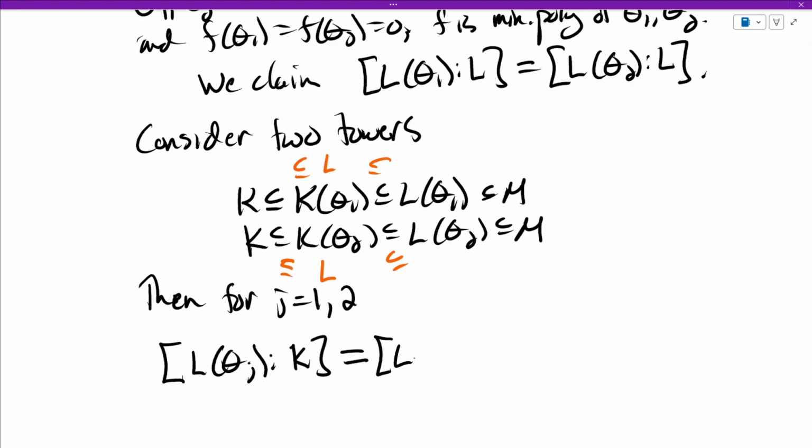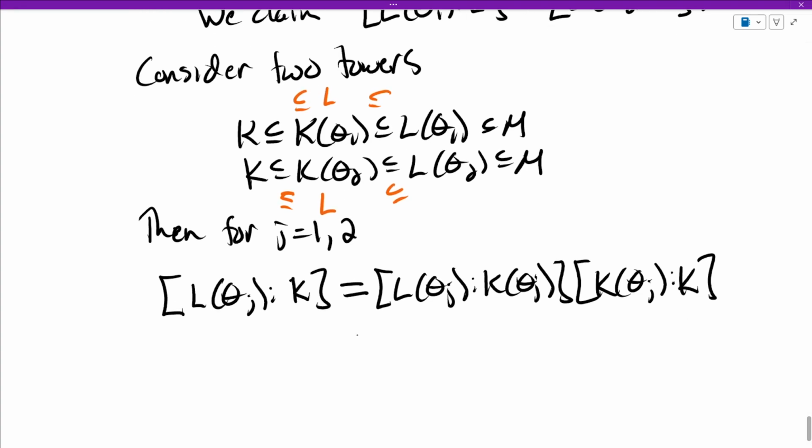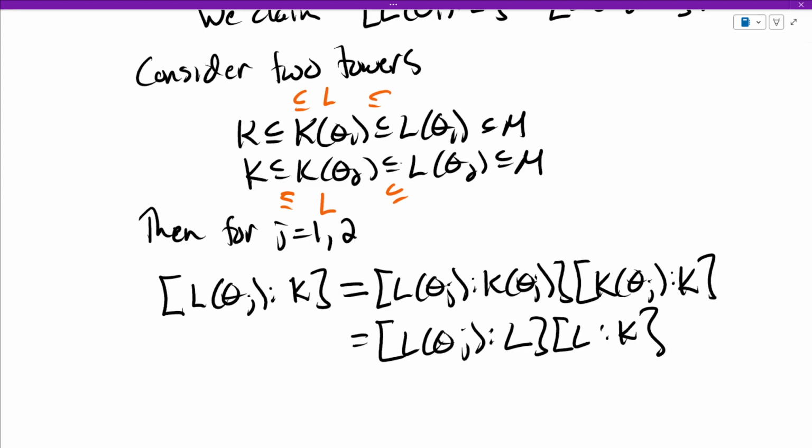First go from L of theta j to K of theta j, or, I mean the opposite way. First view the extension from L of theta j to L, and then of course from K to L. And those are the same degrees.